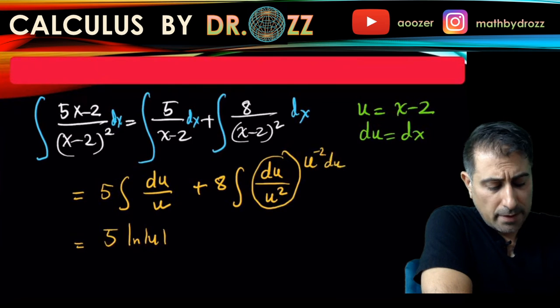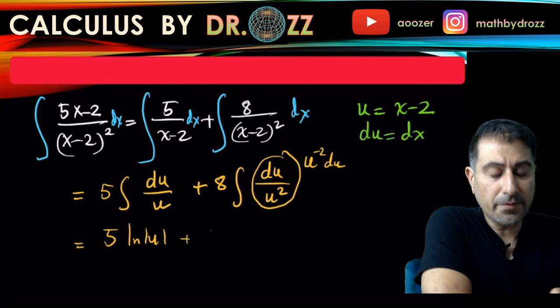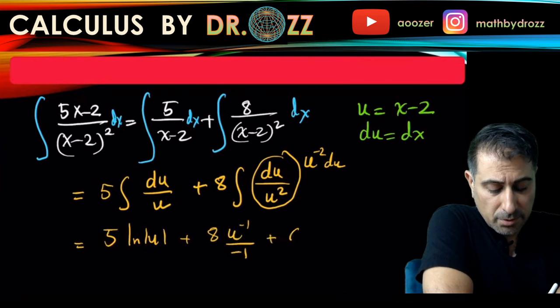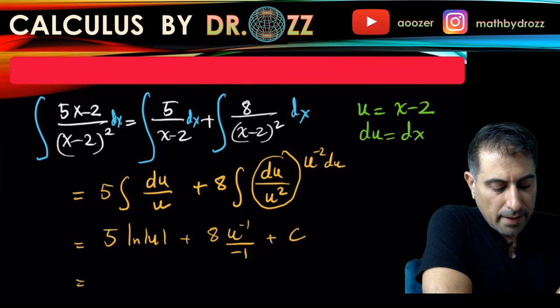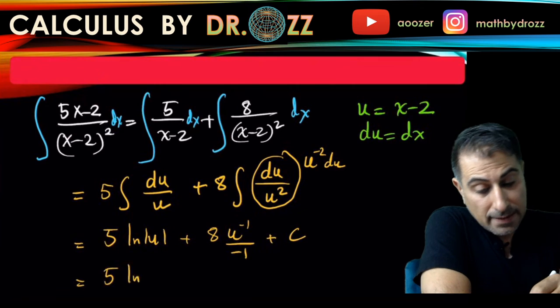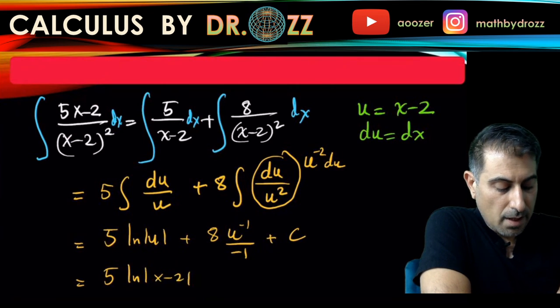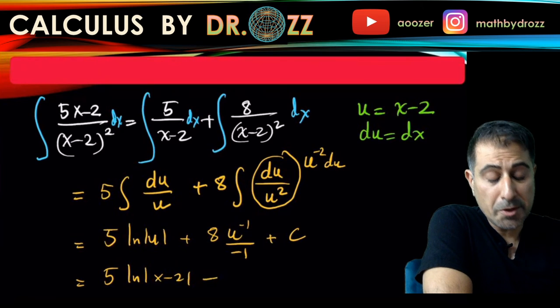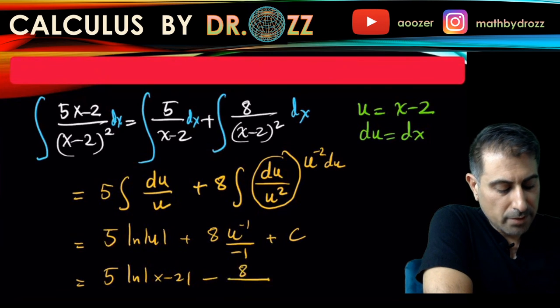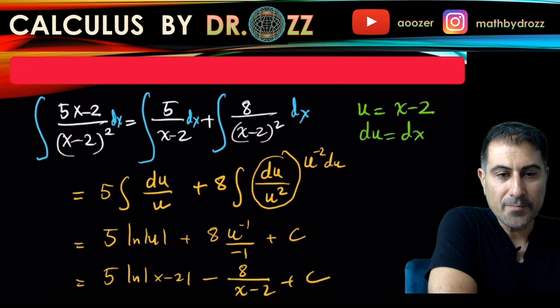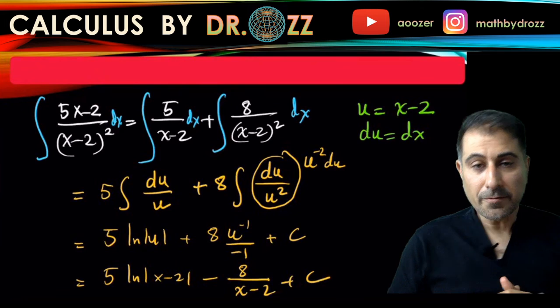So 8 u to the minus 1 divided by minus 1, plus C. And let's go back to the original variable, so back substitution: 5 ln|x - 2| minus 8 over (x - 2), because u to the minus 1 is 1 over u, plus C.